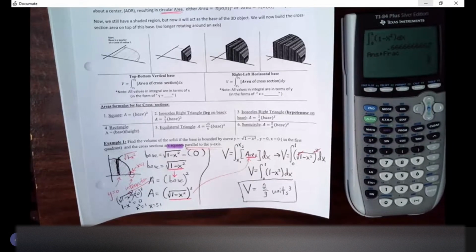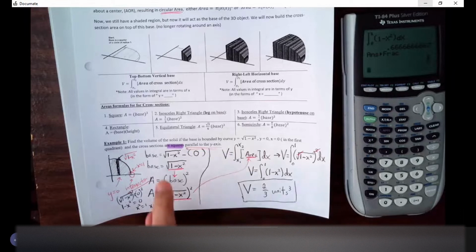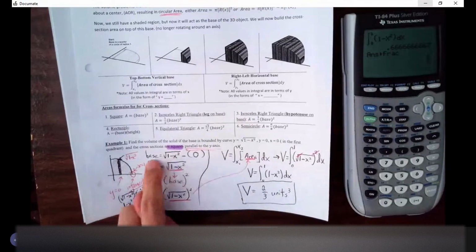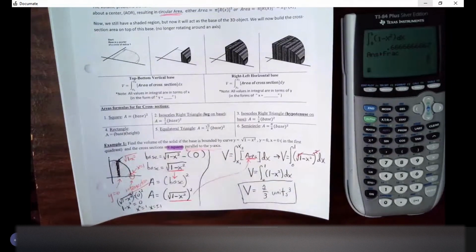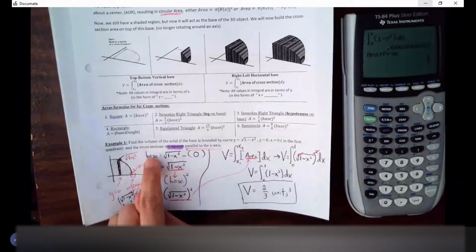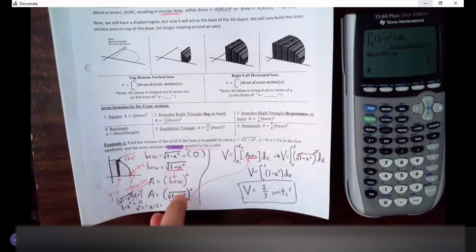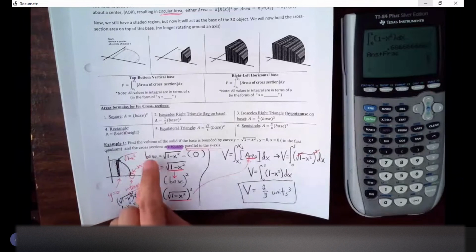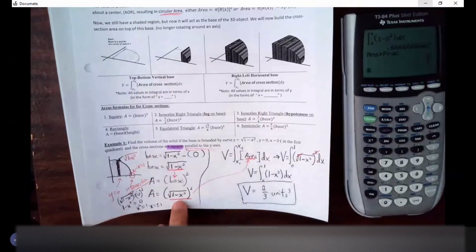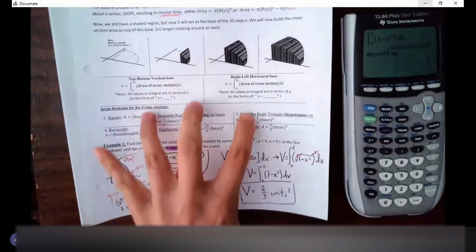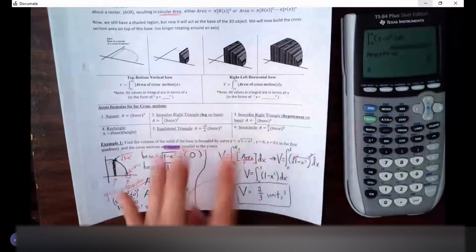Okay, any questions with the process or procedure? Okay, so hopefully you guys find this to be very similar in how we approach disk and washer method, right? We're still finding some distance, but instead of calling it radius, we're calling it base. And instead of inserting radius into pi r squared to get circle area, we're plugging base into an area formula adapted to whatever shape we want to use.